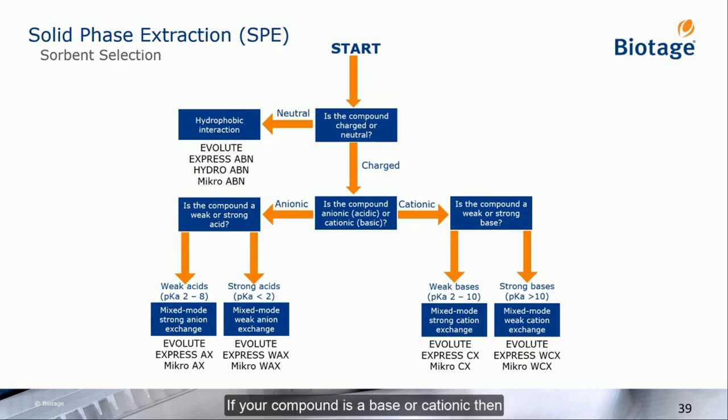If your compound is a base or cationic, then weak bases could vary in terms of pKa. You'd typically be looking at a strong cation exchange mechanism, something like an EVOLUTE CX. Strong basic drug, then you would move towards a weak cation exchange mixed mode, a WCX.